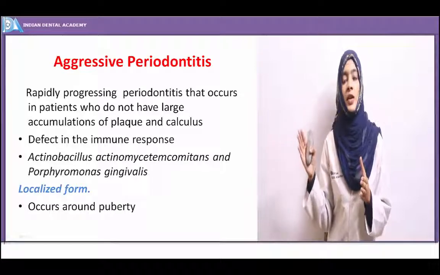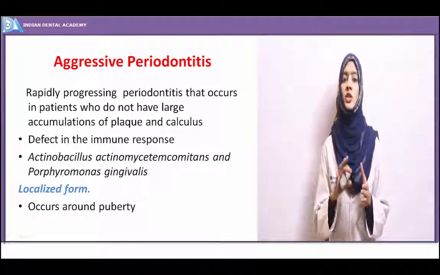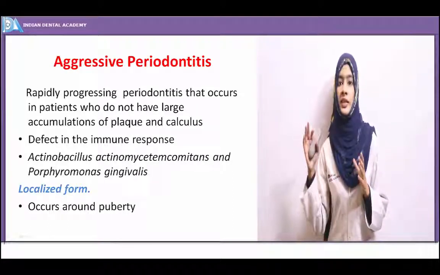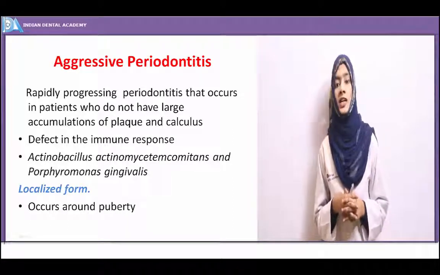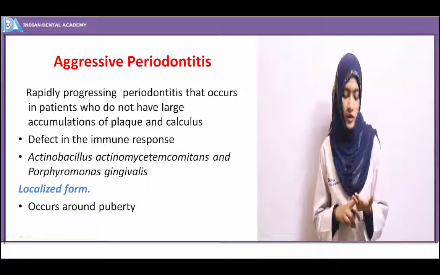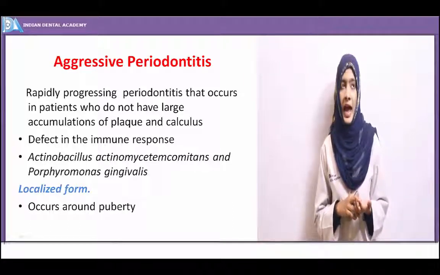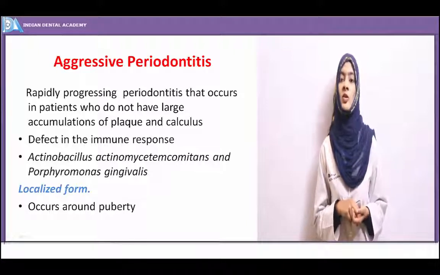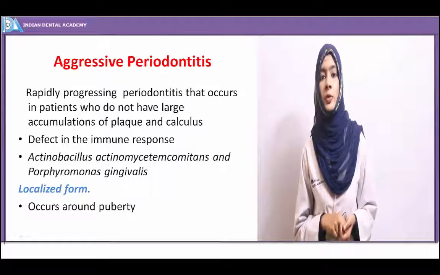Aggressive periodontitis was previously called juvenile aggressive periodontitis, seen in both children and adults, but now the term juvenile is obsolete, and only the terms aggressive periodontitis or rapidly progressive periodontitis are used. Despite the absence of etiologic factors, there appears to be a defect in immune response and specific characteristic microorganisms, Actinobacillus actinomycetemcomitans and Porphyromonas gingivalis, both of which cause a non-specific immune response.